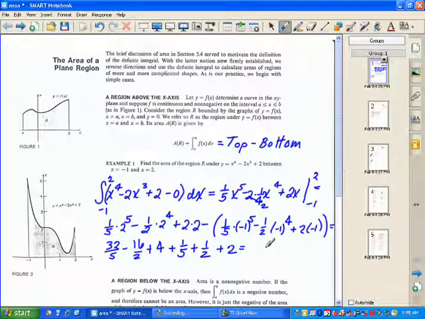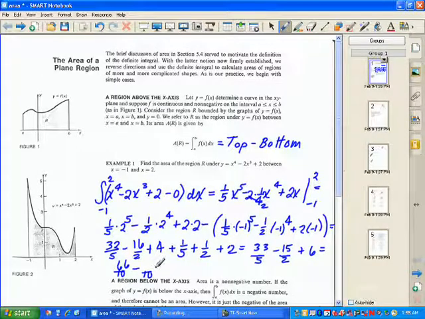Okay, so let's add all the fifths up. Let's see, I have 33/5, right? 33/5. I have negative 15 halves, and I have 6. That look right? And then I can do tenths and I'll be done. 66 tenths, and I'll make this a tenth also. 15 times 5.